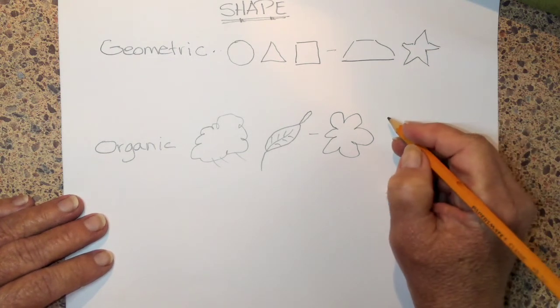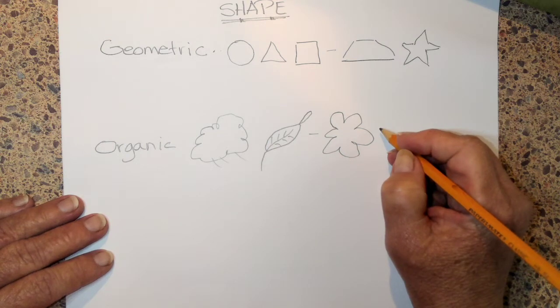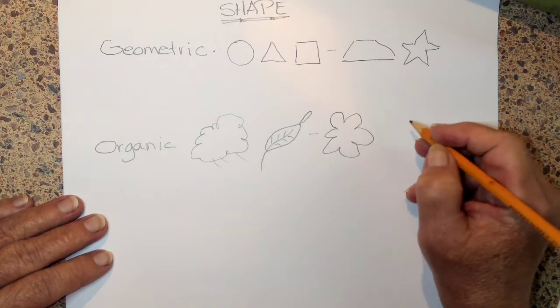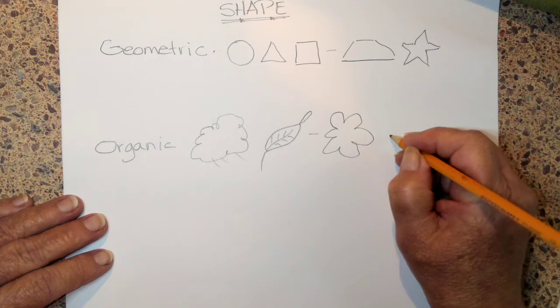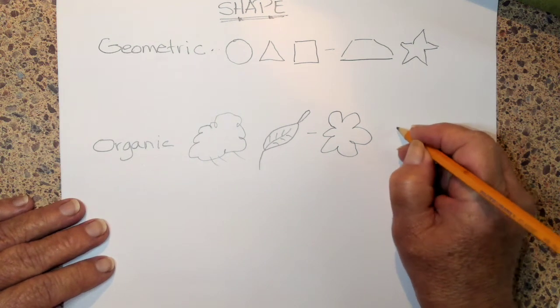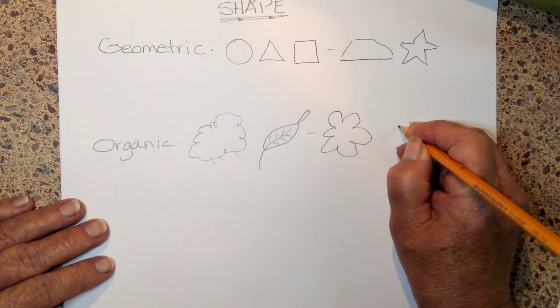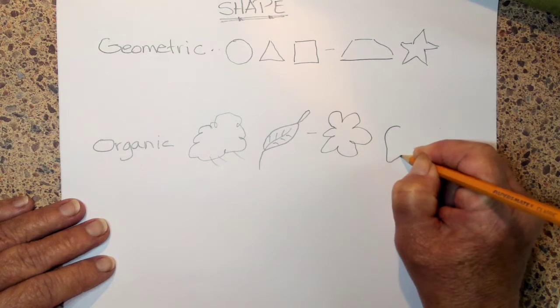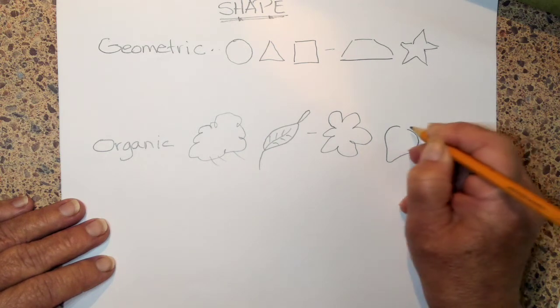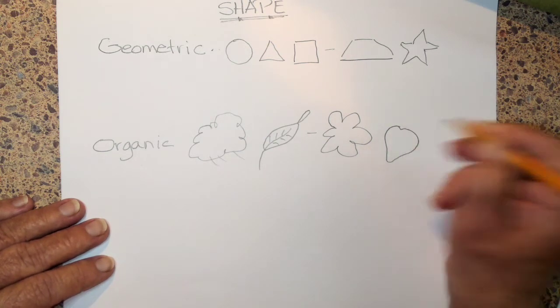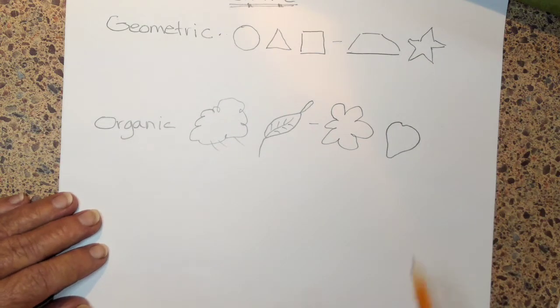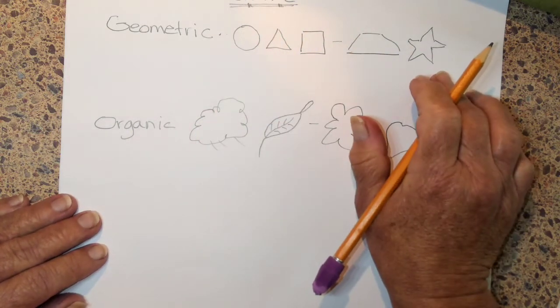Or, let's see, what else could you do for organic shapes? Okay? Just anything that's not geometric.